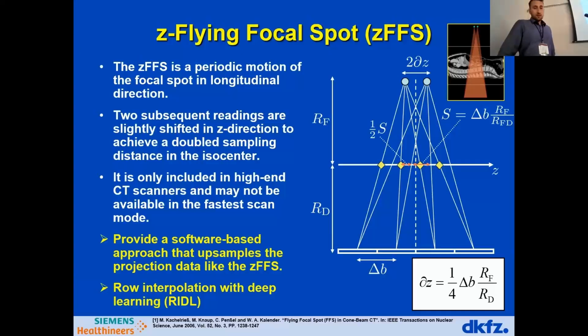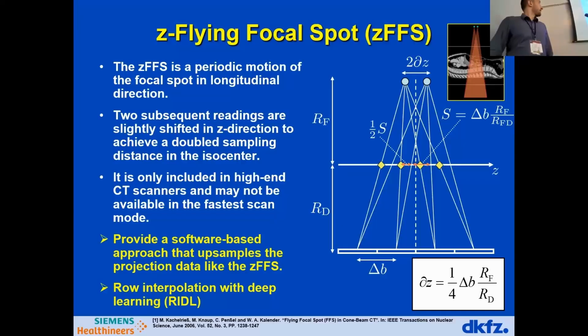By electromagnetic deflection, the electron beam is alternating on the anode surface, and the movement is set so that 2 consecutive measured detector readouts are shifted by half a collimated layer width in Z direction. This basically doubles the sampling. So if you have, for example, 96 times 0.6 collimated detector rows, you will achieve 192 detector rows with a sampling distance of 0.3 millimeters.